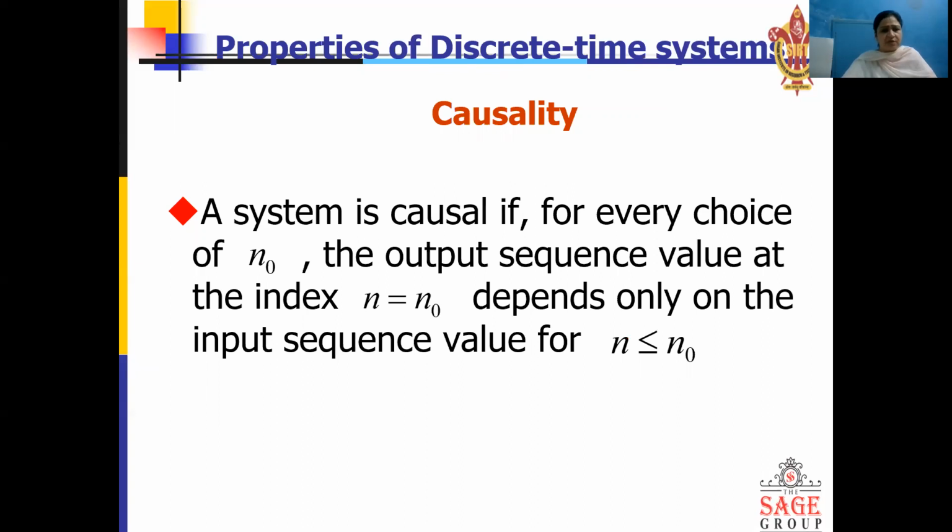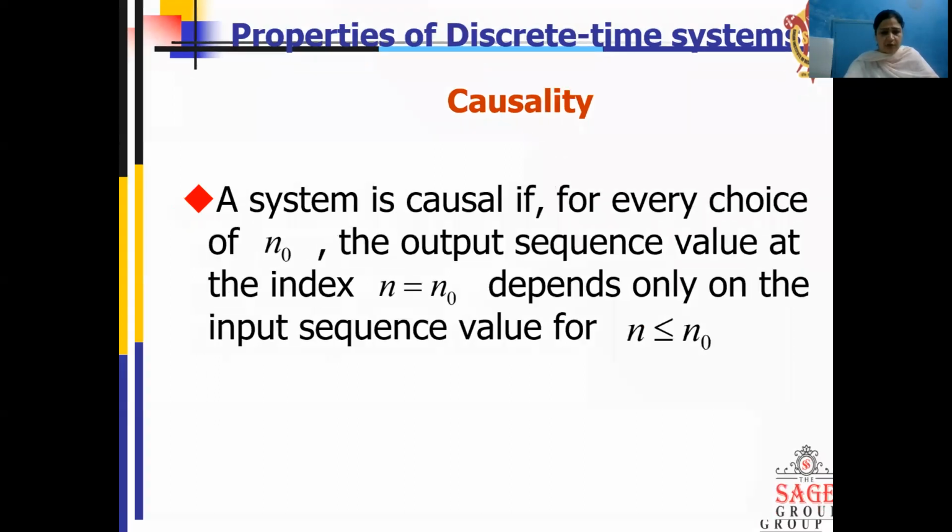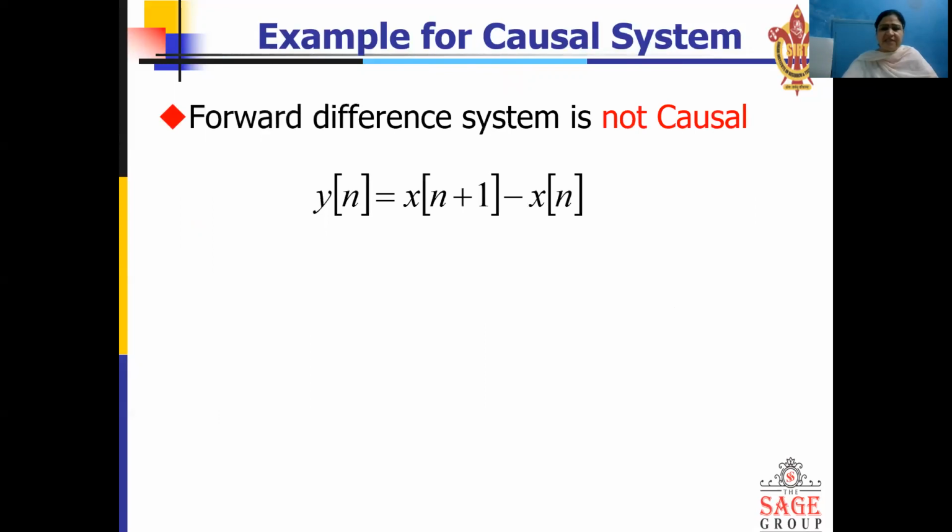Now the next property is causality property. A system is causal if for every choice of n0, the output sequence at n equal to n0 depends only on the input sequence values for n less than or equal to n0. Now we will see the example for causal system.